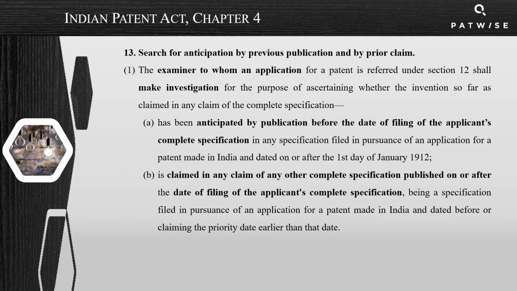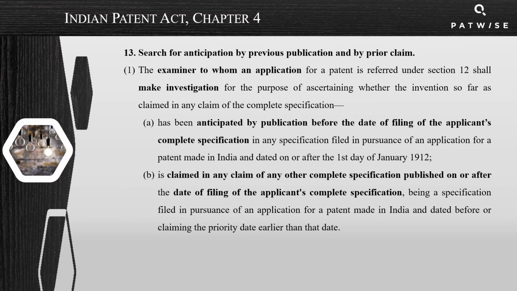I repeat again, any publication in any specification filed in India, wherein the publication date is before the filing date of the patent in question, the patent that is being examined.